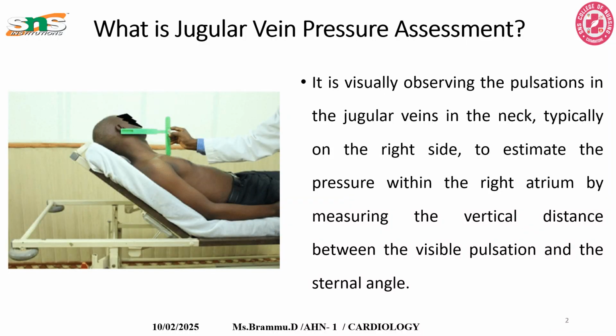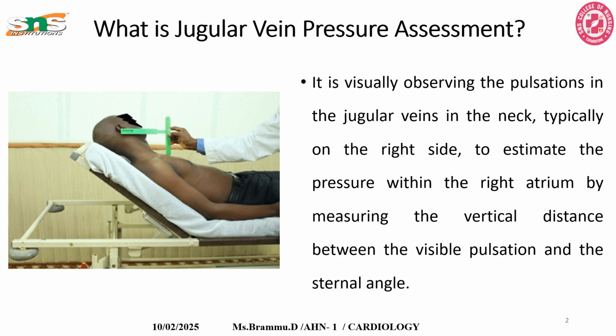So coming to the first slide, what is jugular venous pressure assessment? Actually, it is visualizing, or otherwise we can call it the observation of pulsations at the neck region, especially the jugular veins, typically on the right side, to estimate the pressure of the right atrium by measuring the vertical distance between the visible pulsation and the sternal angle.